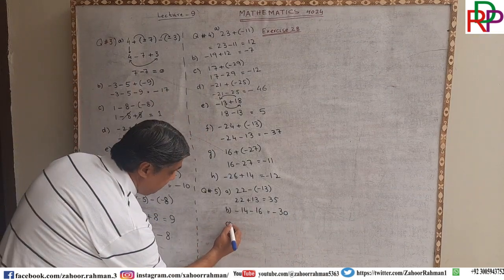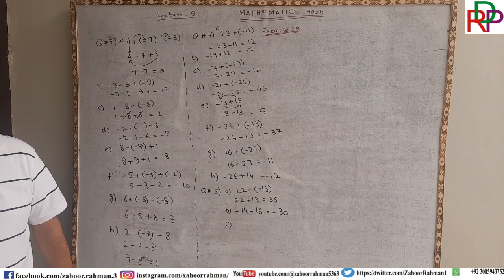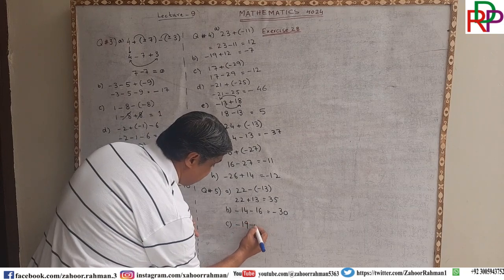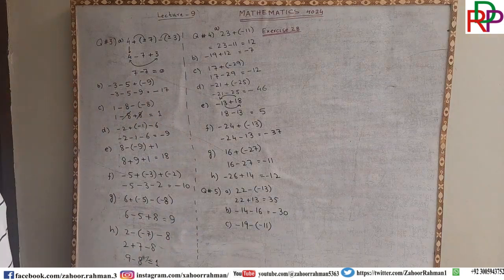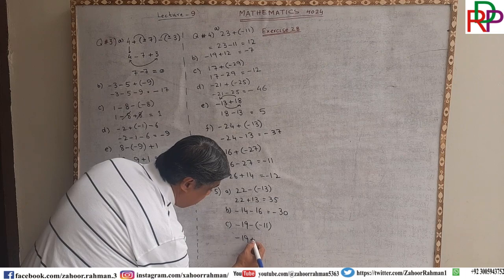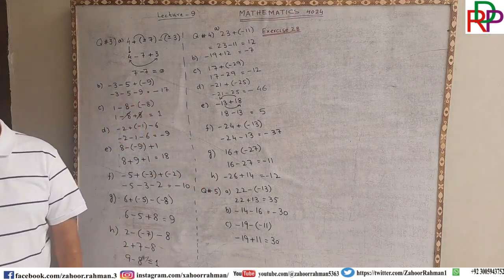Now I am going towards the C part: minus 19 minus 11. It means that minus 19 plus 11, and that is 30.